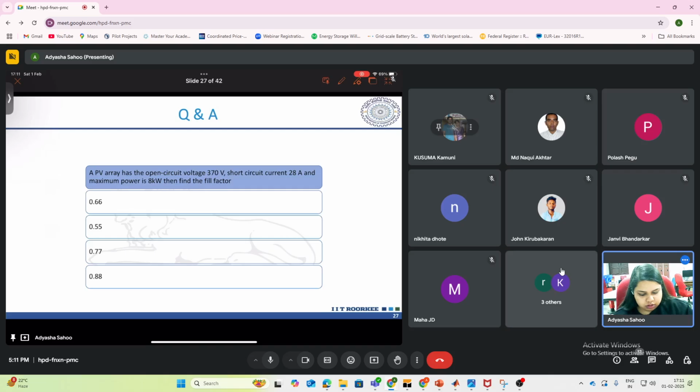Can you compute it? Fill factor, what is the formula for it? And then says 0.77.